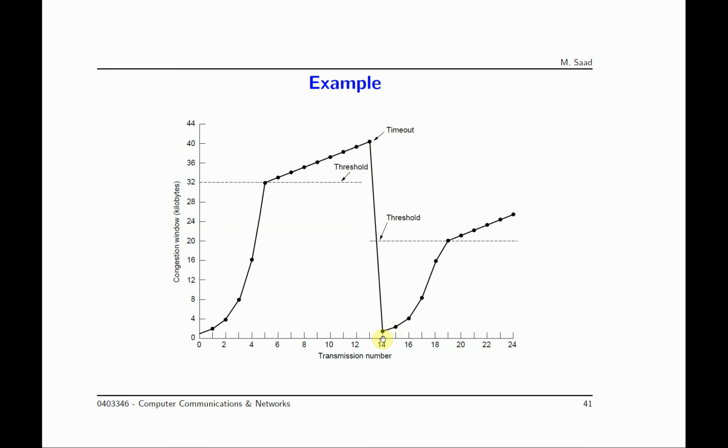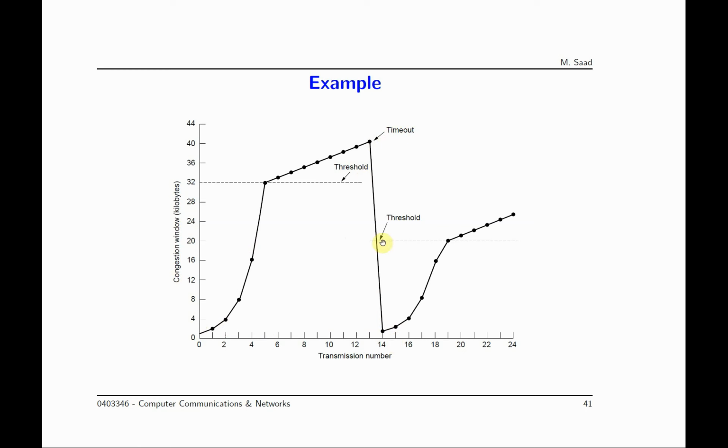So CW index 14 is equal to 1 kilobyte only, because that's the 1 maximum segment. So this is the first thing that happens when we get a timeout. When we get a timeout, the next CW becomes 1 maximum segment, which is 1 kilobyte in this example, because in this example, we assume that 1 maximum segment equals 1 kilobyte.